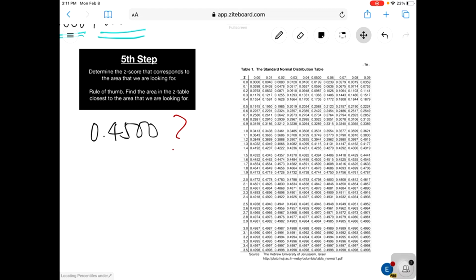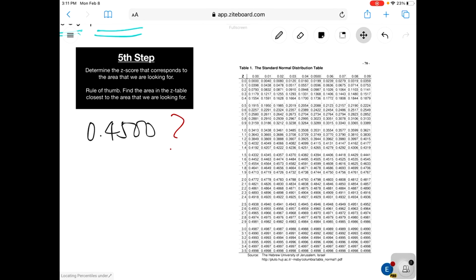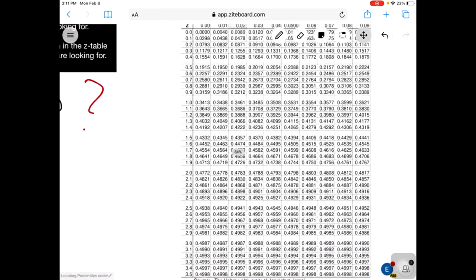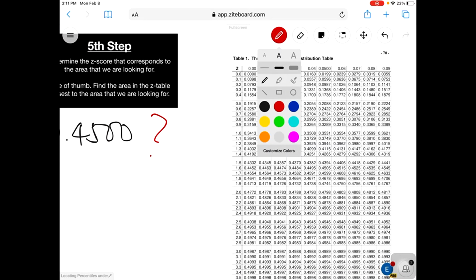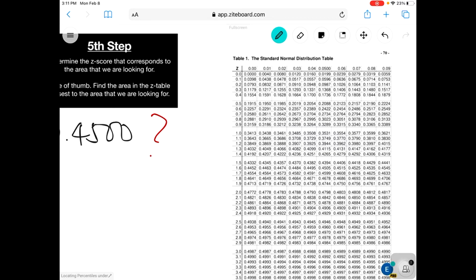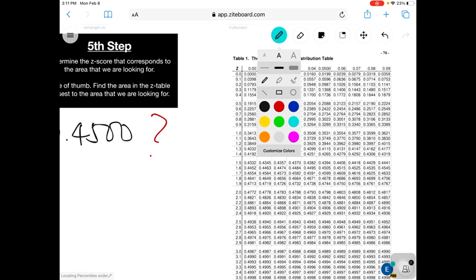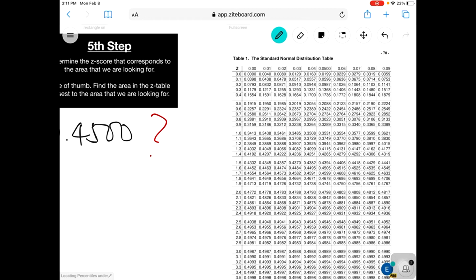These are 0.4495, which has a z-score of 1.64, and the other one is 0.4505, which has a z-score of 1.65.